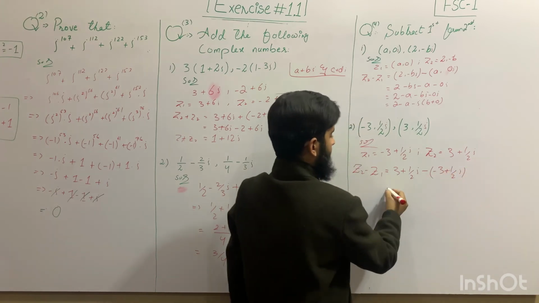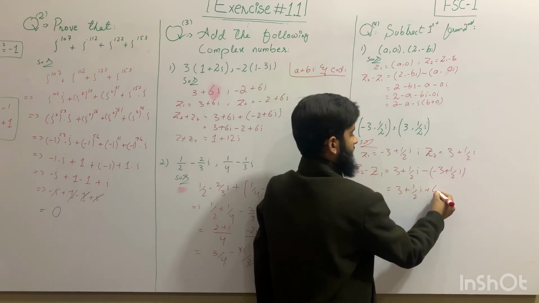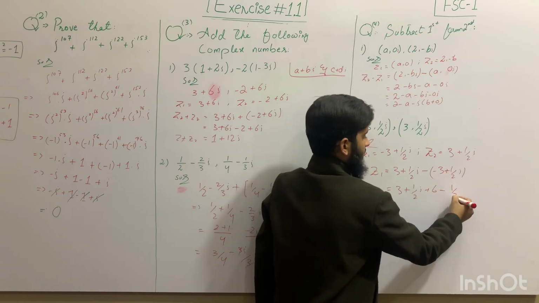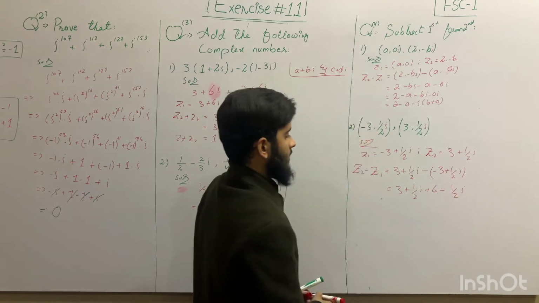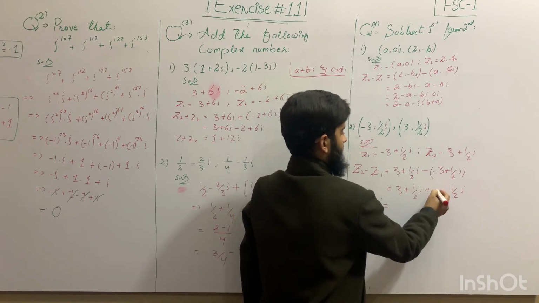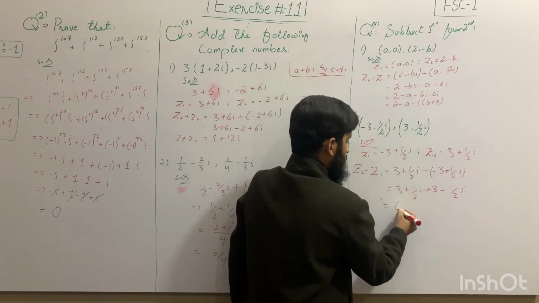Now multiply the negative sign: 3 plus half iota plus 3, because minus into minus is plus, and minus into plus is minus half iota. This gives me plus 3. Now 3 plus 3 equal to 6.